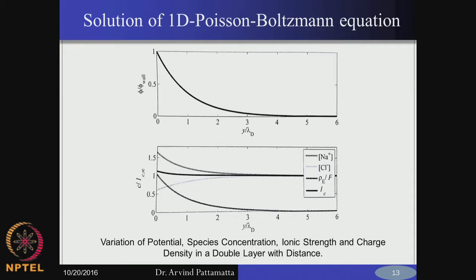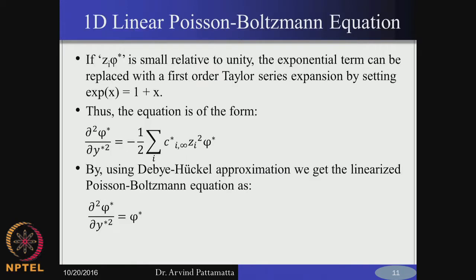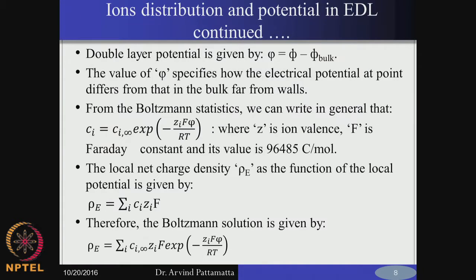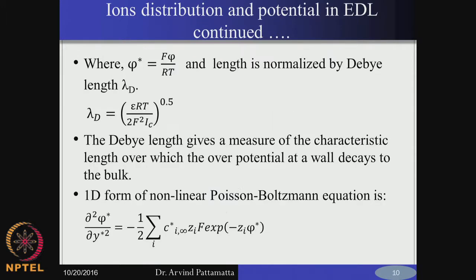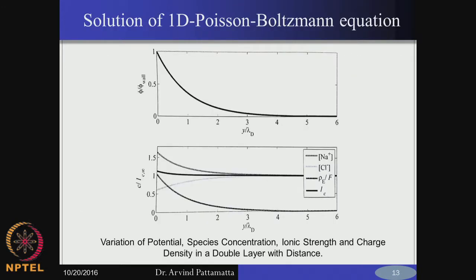And once you know the value of phi, you can also express the local net charge density, because this is expressed in terms of phi from the Boltzmann solution, right. That also can be plotted as a function of y. The thick line, rho e by f variation, is also plotted here.